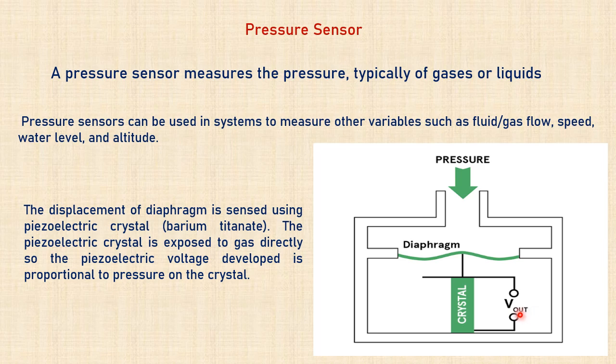We call such a sensor a piezoelectric pressure sensor. This is one way of sensing pressure. And remember, the piezoelectric voltage developed is proportional to the pressure on the crystal. More is the pressure on the crystal, more is the voltage developed.